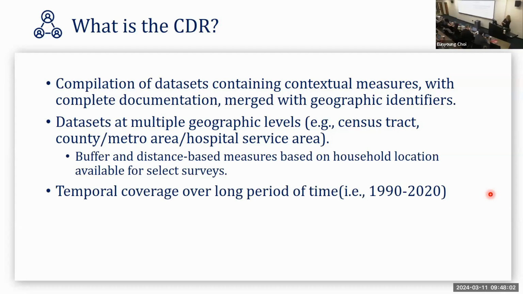Because these studies originated many decades ago, we have temporal coverage starting as early as we can. A lot of these data sets we have back to 1990 at least. We're actually extending some of these data sets even further back in time. When I first started putting together the contextual data resource, I did it specifically and exclusively for the health and retirement study, which started in 1992 or 1993 or 1998, depending on what cohort we're talking about.